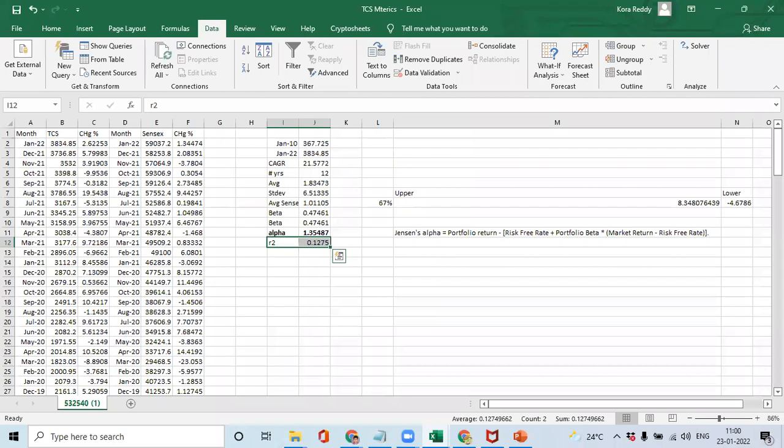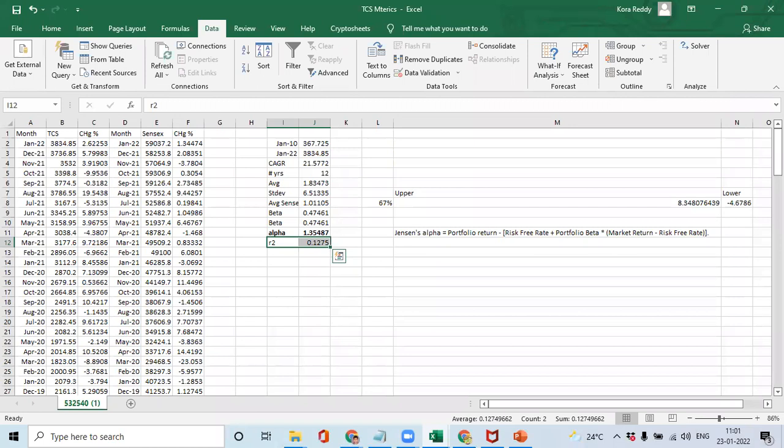What is the number we should be comfortable up to? If you say 1, you are not doing anything extraordinary. You are just following Sensex. Up to 0.9, you are basically mimicking Sensex. Prefer a lower value than 0.9.